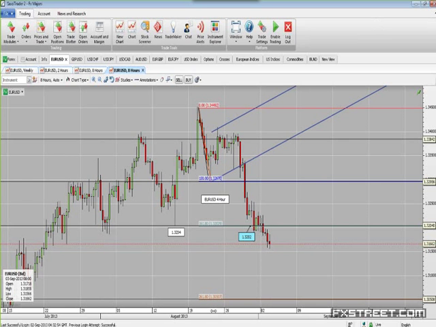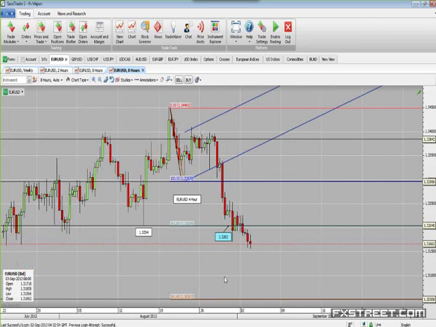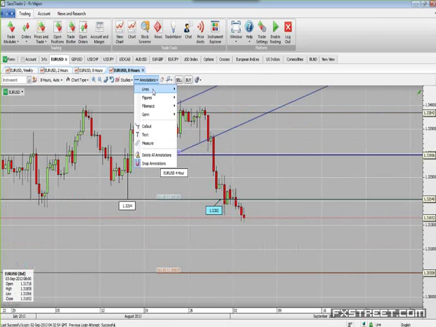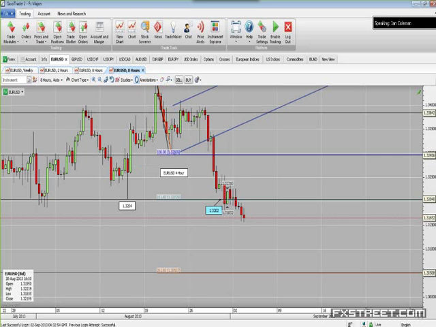I then like to highlight indecision bars, figures. So we've got one here, got some here, but we've got one here, which was near the break line.